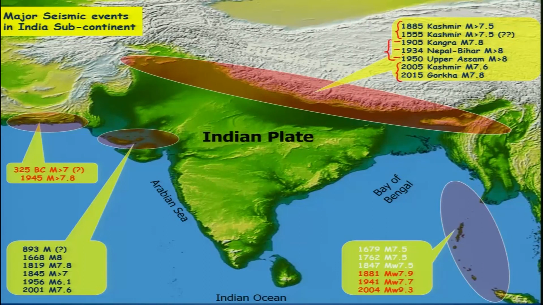These two, 1934 and 1950, were believed to be along the Himalayan frontal thrust, but this is not along the Himalayan frontal thrust. So I'll talk about this earthquake, and what we have been able to pick up about the ancient earthquakes which have occurred in this region.